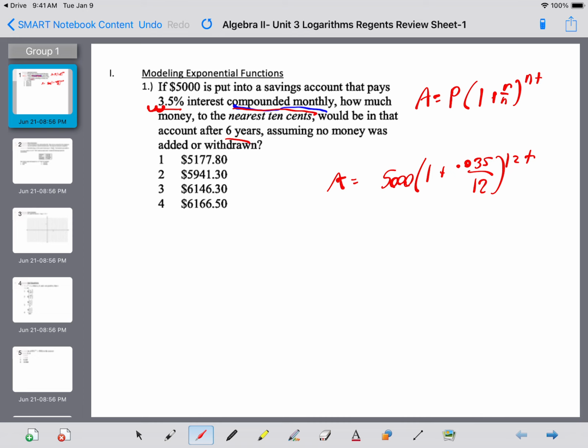Oh, so we're not even using logs here. Excellent. So A equals 5,000 times (1 plus 0.035 over 12) to the 12 times 6, just plugging in 6 for t, and put that on my calculator.